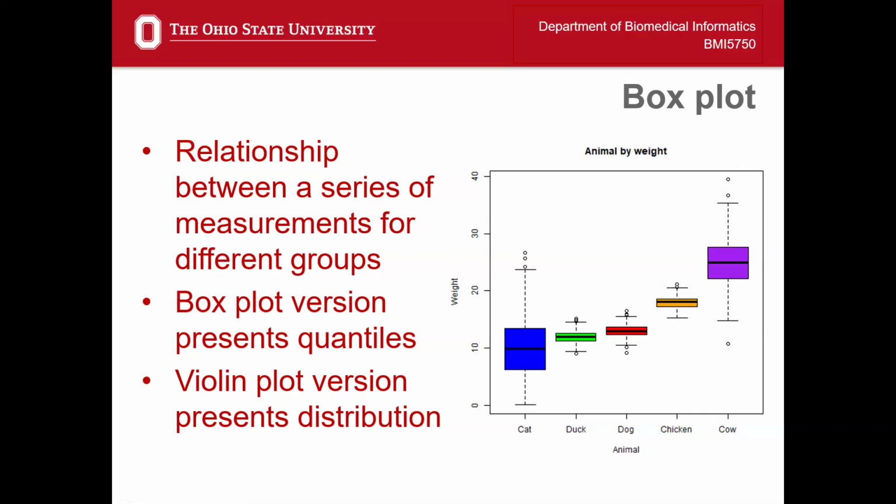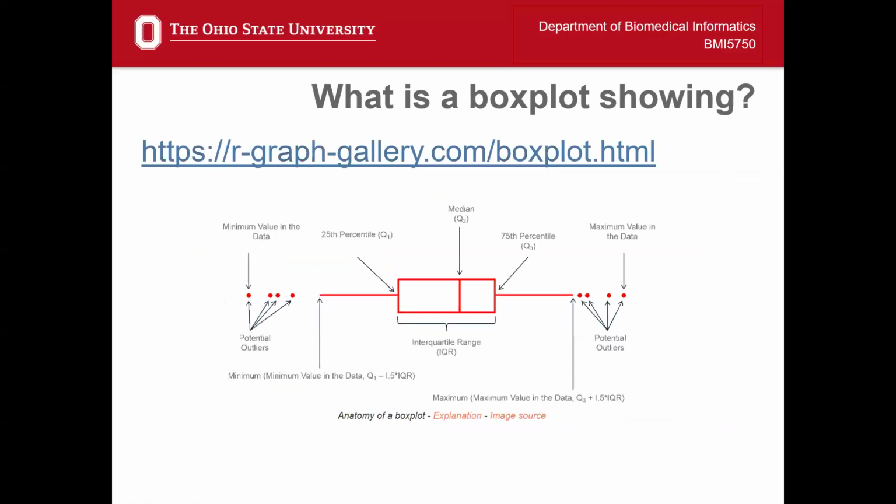You might also see the same kind of plot as a violin plot. And that's sort of a combination between a box plot and a density plot, because a violin shows the distribution of this range on the side of the plot. And it's really easy to switch from a box plot to a violin plot just by changing that plot option.